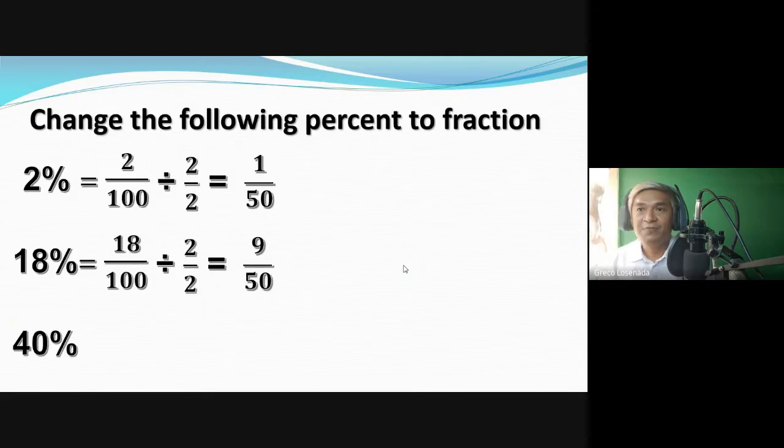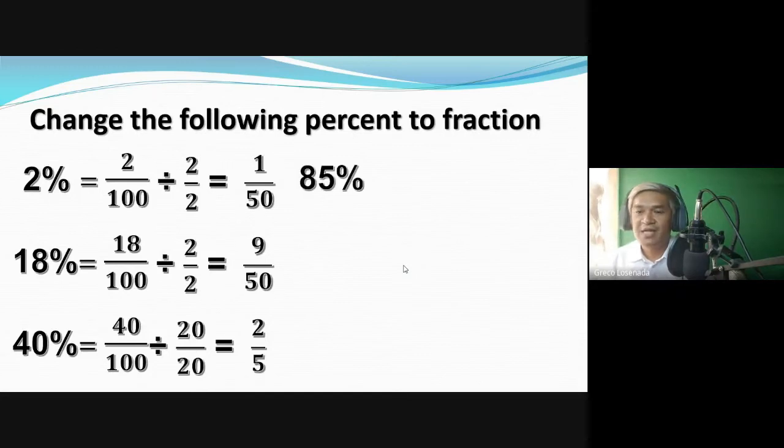Then 40%. The fraction form is 40 hundredths divided by the greatest common factor, giving us the lowest term, 2/5. 85%. That is equal to 85 hundredths divided by the greatest common factor, which is 5, giving us the lowest term of 17/20.